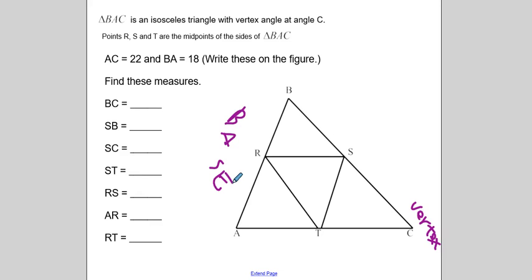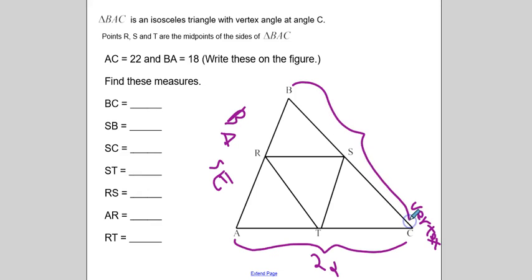So what we know is BC and AC are going to be equal. So let's see what we got here. AC is 22. Right away, not even given to us, we can mark that 22. Why? Because those are the legs of the isosceles triangle, and yes, they are equal.